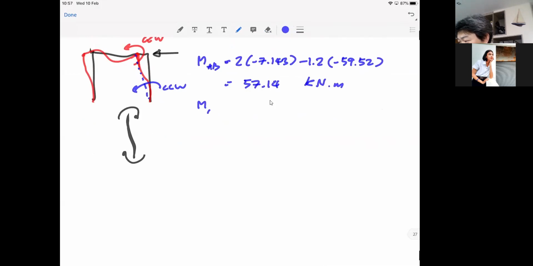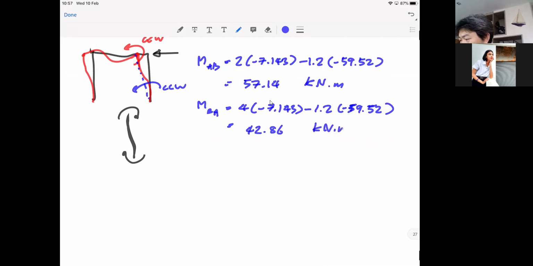And my MBA is going to be equal to 4 times minus 7.143 minus the same 59.52. That's 5. This is 42.86. So, you know, so far so good.